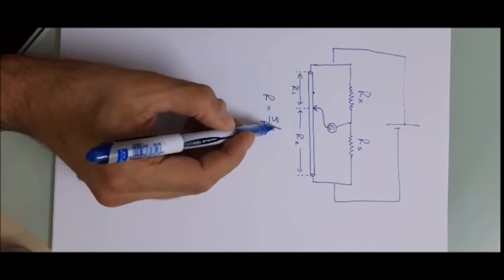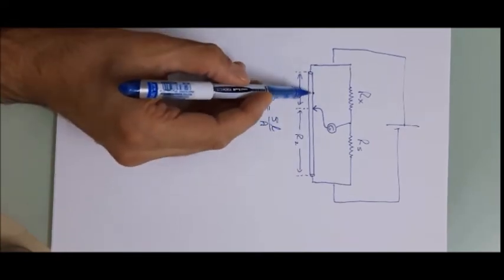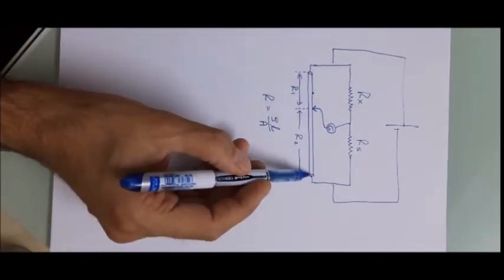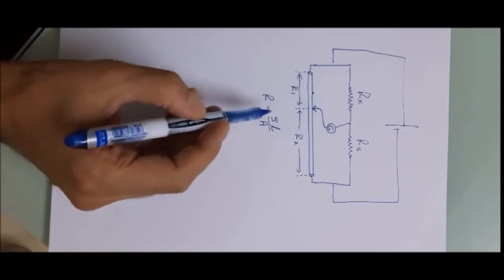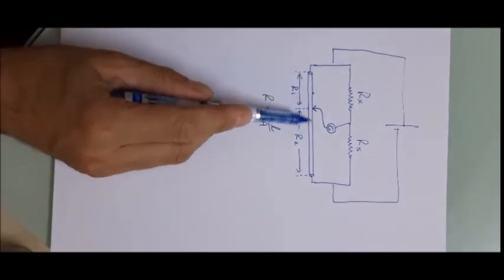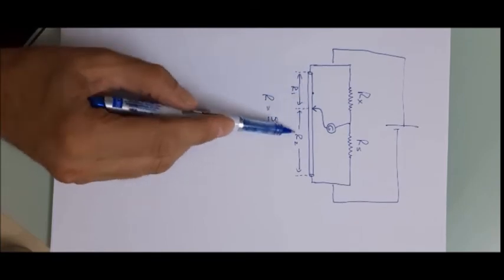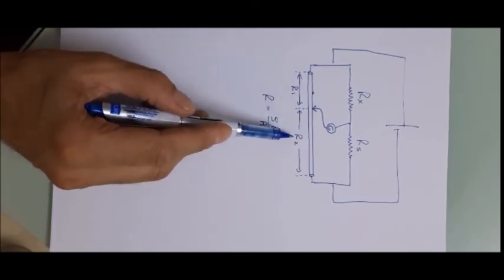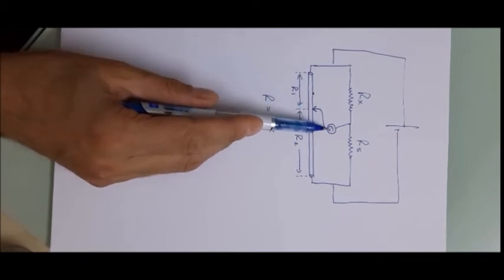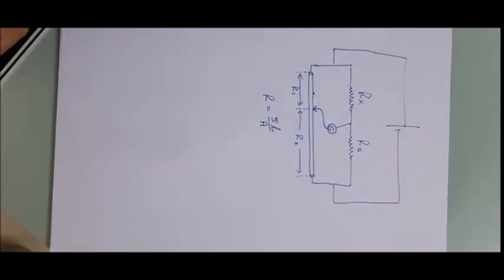So when we make the length of R1 shorter, the value of R1 becomes less, while R2 becomes longer and its value becomes larger. So by moving this pointer left or right, we are in fact changing the values of R1, R2 until we come to the location for which the reading of the galvanometer is 0.